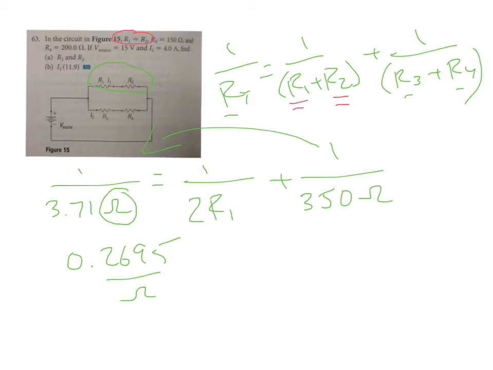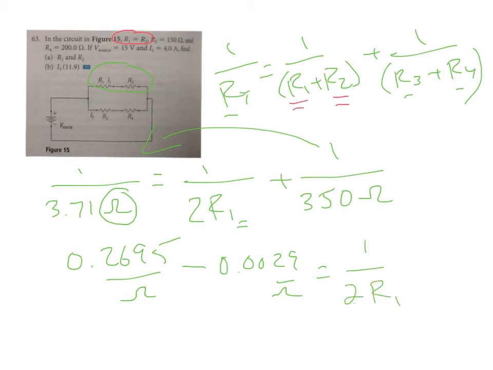That'll make sense because my resistance here is also in the denominator. Then I bring my 1 over 350 over. That becomes a negative 0.0029 per ohm equals 1 over 2 times R1.